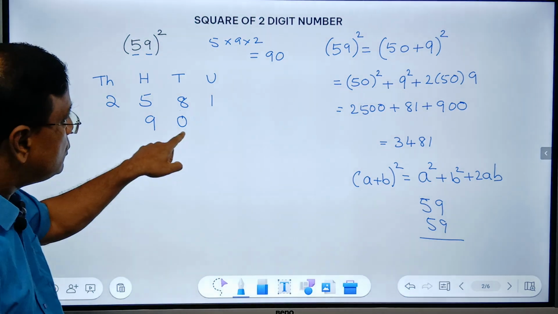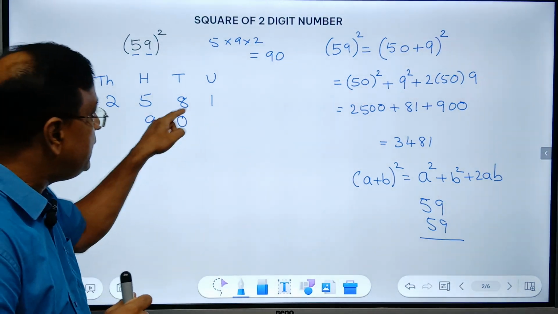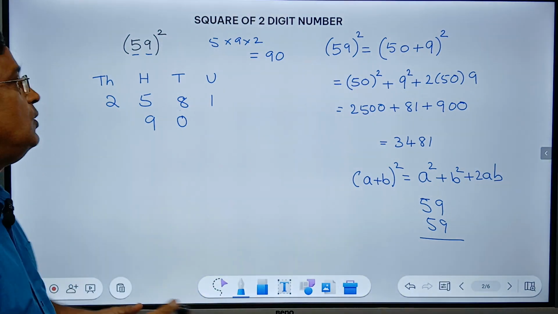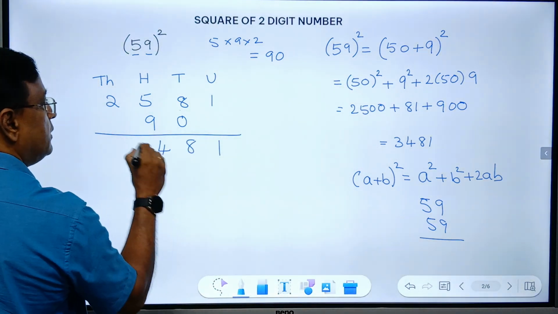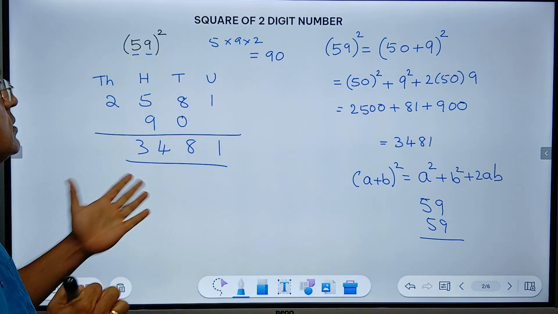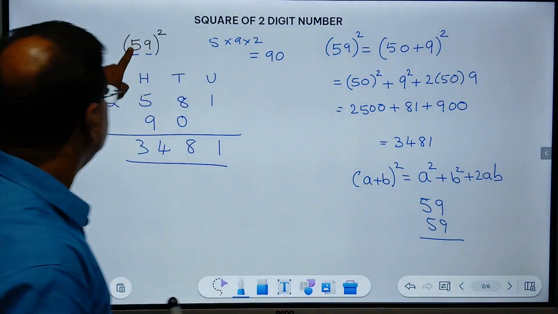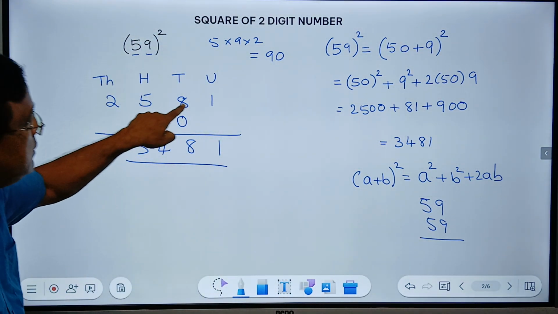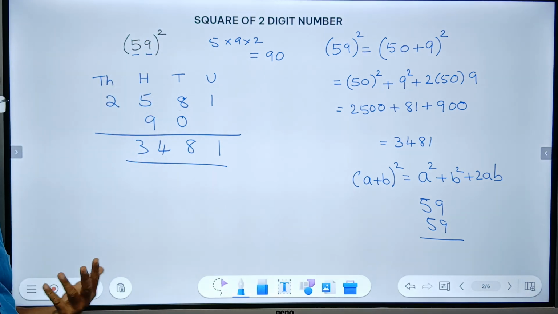When you write 90, it is understood to be 900 because you are writing it in the 100th place, and if you don't write anything there, we assume that it is 0. Now add all of them. What do you get? 3481. You see, it's so simple. Without doing multiplication, just square the first number, square the second number, multiply all these three, write it here, add them, get the answer.